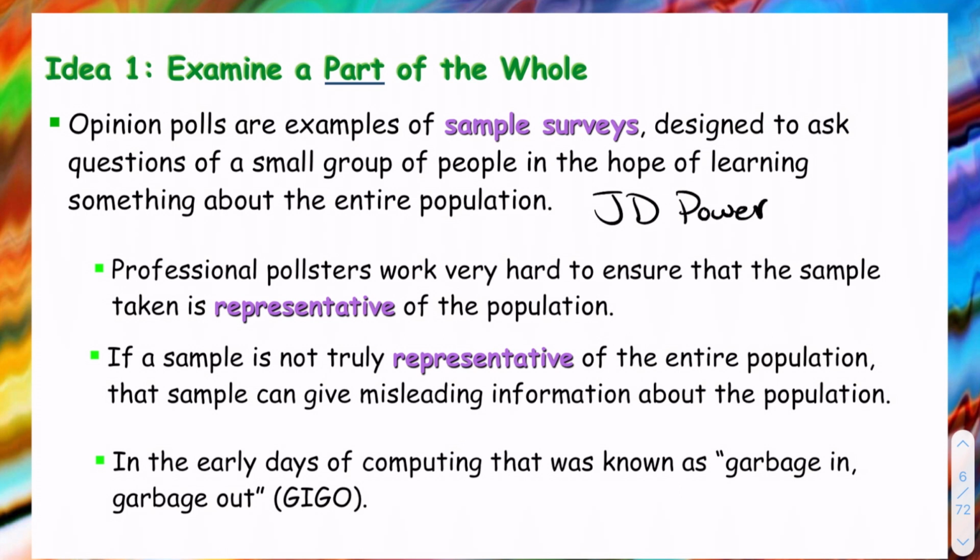And professional pollsters work very hard to ensure that the sample taken is representative of the population. If a sample is not truly representative of the entire population, that sample can give misleading information about the population. In the early days of computing, that was known as garbage in, garbage out, or GIGO for short.